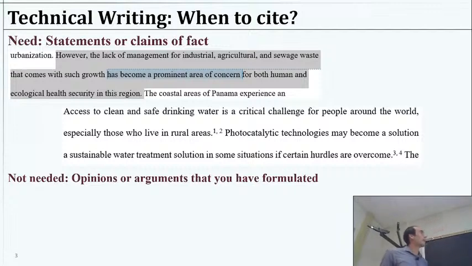Okay, so let's take a look at a couple things here. For statements of fact, or making a claim of fact, we can look at this excerpt. We have somebody writing, 'However, the lack of management for industrial, agricultural, and sewage waste that comes with such growth has become a prominent area of concern for both human and ecological safety in this region.' Okay, notice there's no citation there.